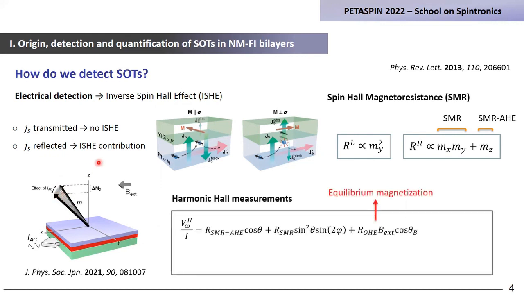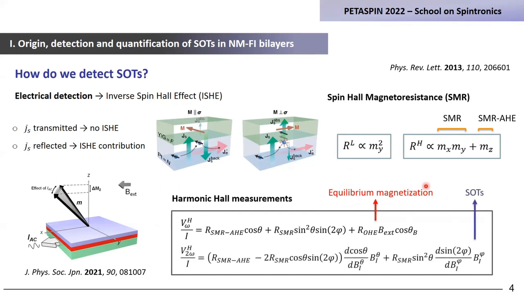The first harmonic, we can see that it is modulated by the spin Hall magnetoresistance, and it provides information about the equilibrium magnetization. On the other hand, the second harmonic is still modulated by the same SMR parameters, but provides information about the current-induced effects, such as the spin orbit torques or even thermoelectric effects.